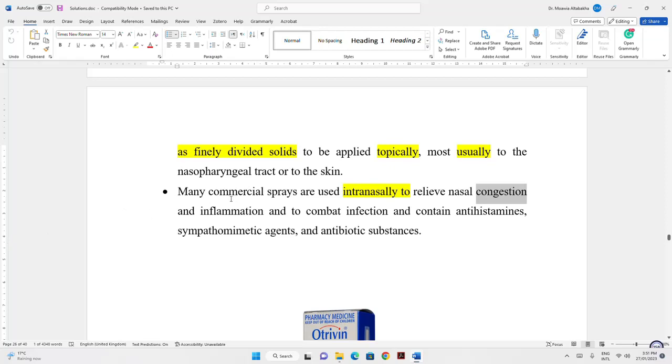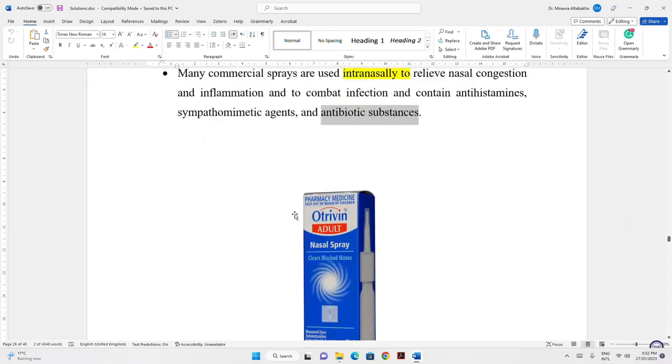Also, these intranasal preparations or sprays are used to treat or to combat inflammation and infection as well. That's why they will contain antihistamines for حساسية, or sympathomimetic agents, that is to relieve from congestion, and to combat infection you have antibiotic substances.